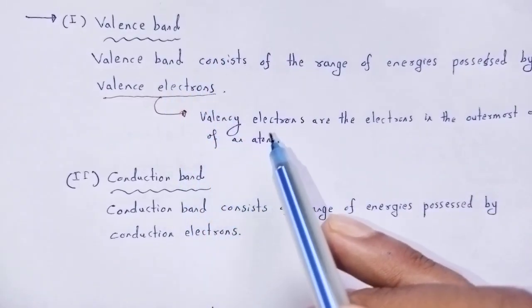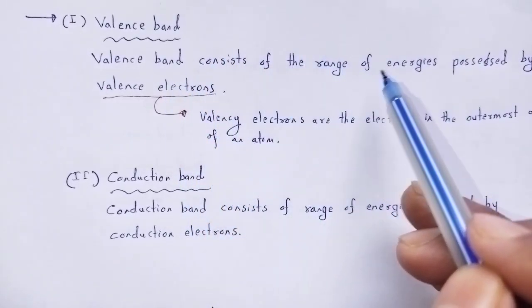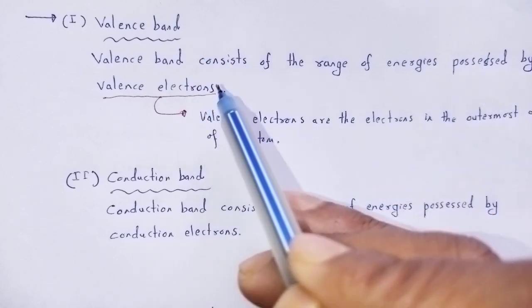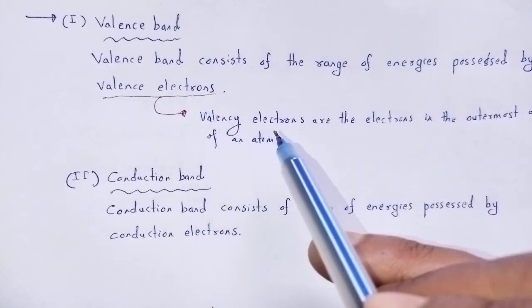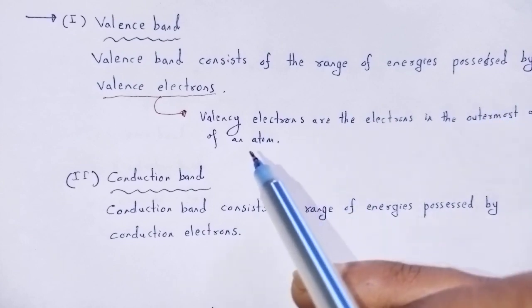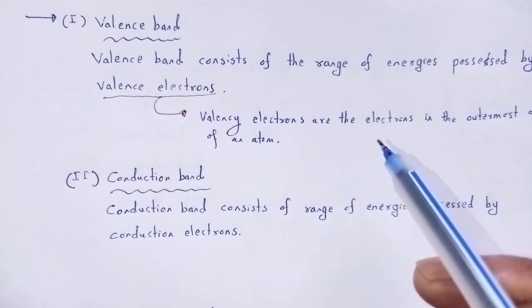So, the valency band consists of the range of energies possessed by valency electrons, and valency electrons are those electrons which are present at the outermost orbit of an atom.